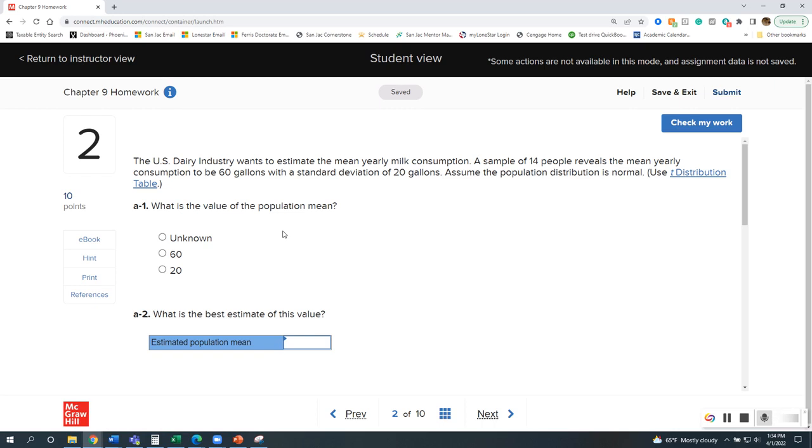B, what is the best estimate of this value? Estimate of population mean. For us, this is really just calculating the T value.